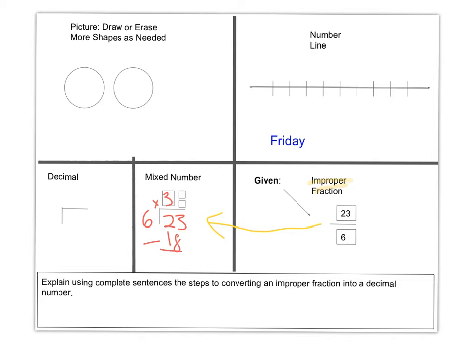When you subtract, you're going to have a remainder of 5. So for your fraction over here to the right, you're always going to put your remainder in the top. And you're going to put the divisor on the bottom. So as a mixed number, we have 3 5/6.